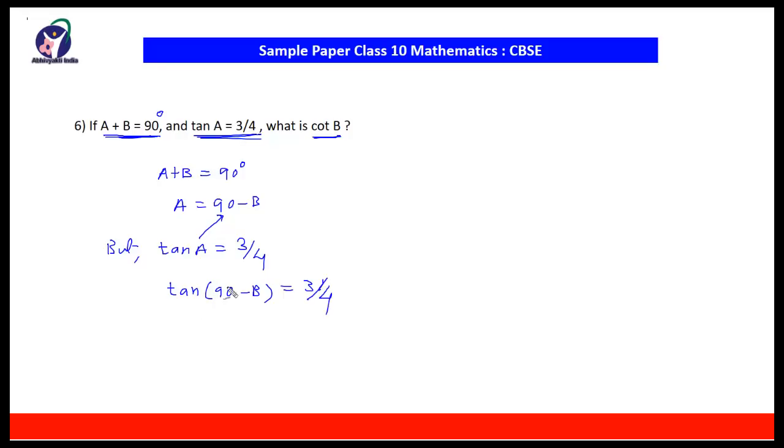Here tan of 90 minus theta gives you cot of theta. So here in place of theta there is b, so it will be cot of b. So cot of b is equal to 3/4. This cot of b only we have to find. So the value of cot of b is equal to 3/4.